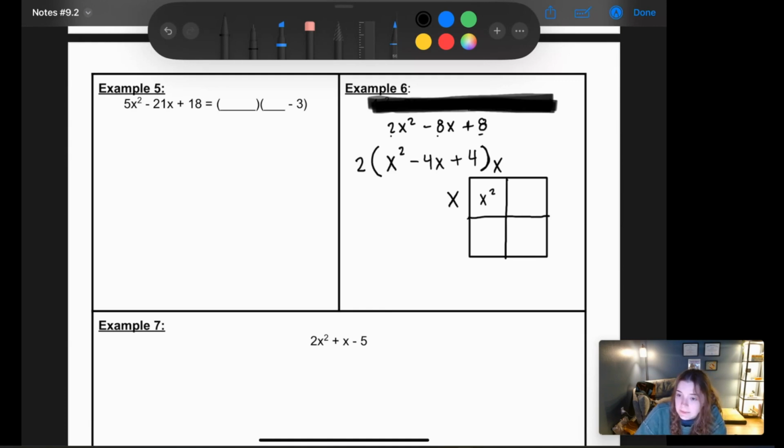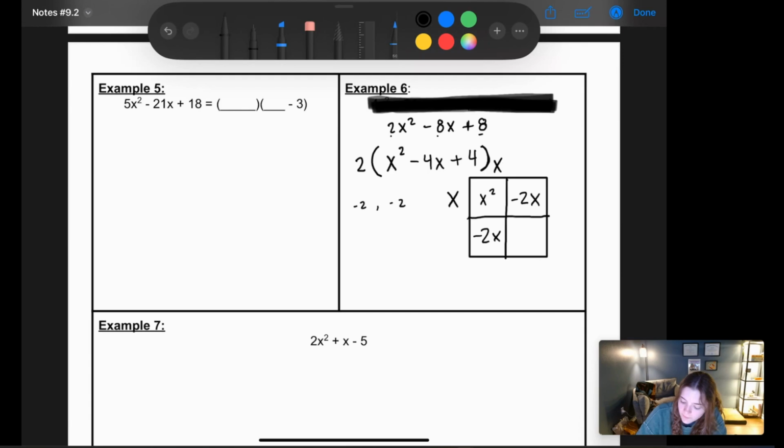To get negative 4, so remember we want to add to negative 4, but multiply to positive 4, I would need negative 2 and negative 2. Because I know that negative 2 and negative 2 together will give me negative 4.